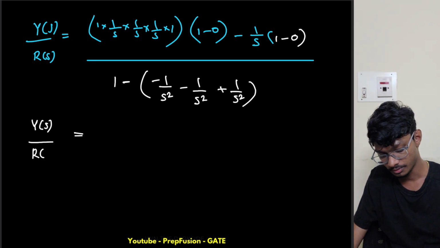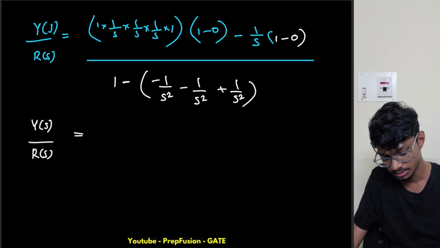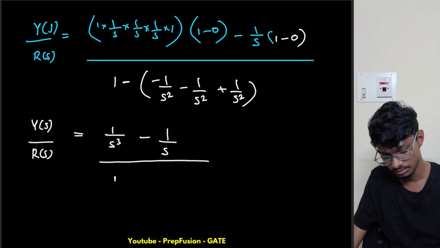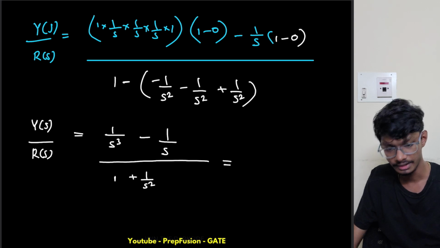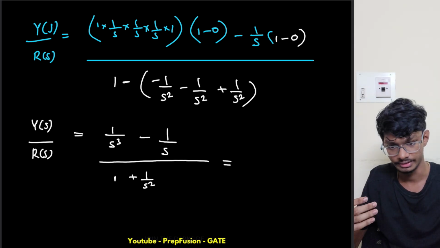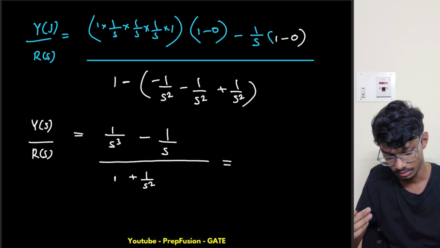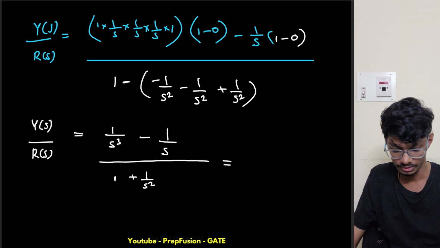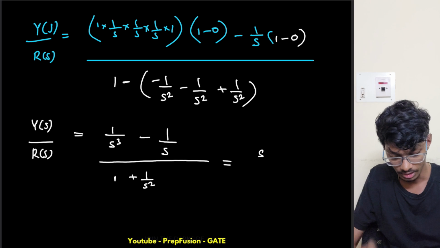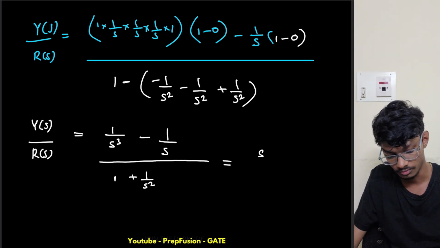Y of s upon r of s equals 1 by s cube minus 1 by s, over 1 plus 1 by s square. If I multiply s square on both sides, what do I get? I should multiply s cube.